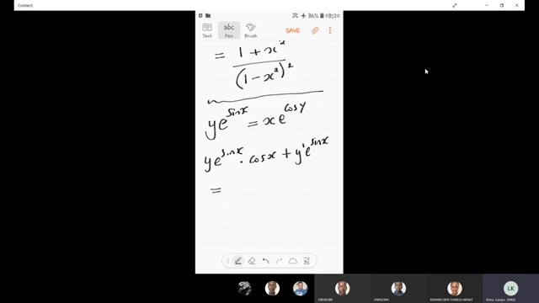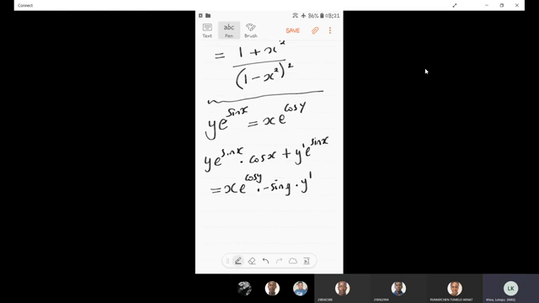that's equal to. Then on the other side, x will stay as it is, and then e to the power of cos y first will stay as it is, and then you multiply by the derivative of cos y, which is negative sine y, and then the derivative of y, which is y prime.